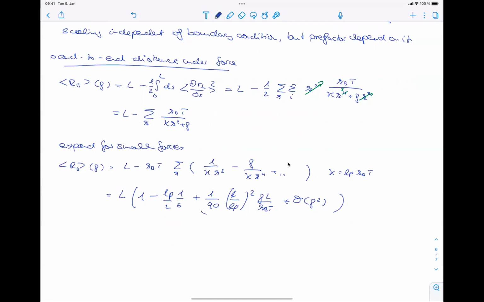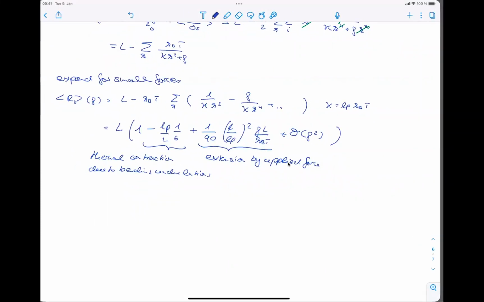So this is the extension we get by the applied force, and this negative term is the thermal contraction due to the bending undulations.